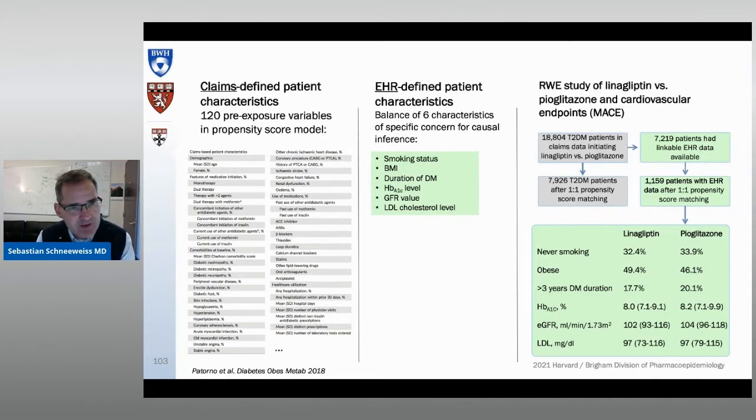But we still have, in the green box, a range of parameters that we simply don't observe in claims data: BMI, smoking status, duration of diabetes. These are things that we just don't measure directly. But just the fact that you adjust for a whole bunch of proxy measures, we call them proxies in claims data, leads to also implicitly adjusting for factors that you don't observe.